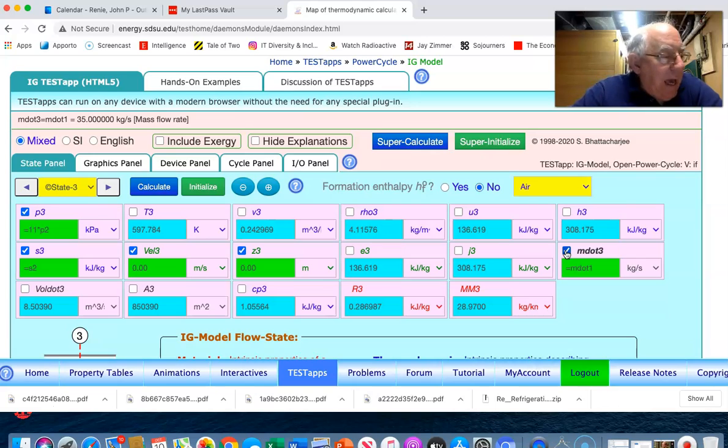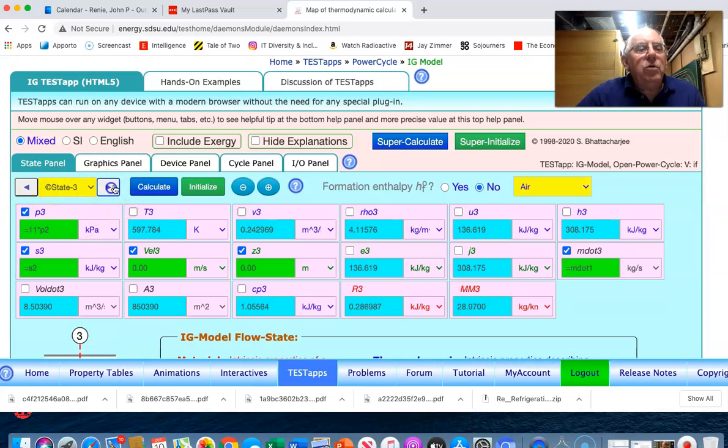And so now we have the state of the fluid prior to going into the combustion chamber at state 3. We see that the temperature is about 600 Kelvin. This pressure here is the pressure going into the combustion chamber, which will be the pressure coming out. We're going to assume the combustion chamber is constant pressure, as we've done throughout. And so we have state 3.